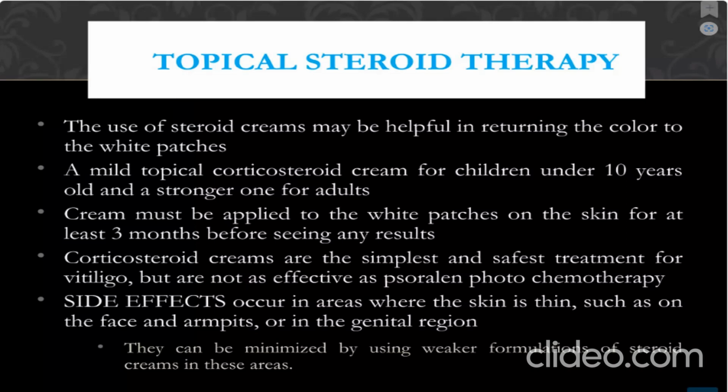Cream must be applied to the white patches on the skin for at least 3 months before seeing any results. Corticosteroid creams are the simplest and safest treatment for vitiligo, but are not as effective as psoralen and phototherapy. Side effects occur in areas where the skin is thin, such as the face, armpits, or in the genital region.